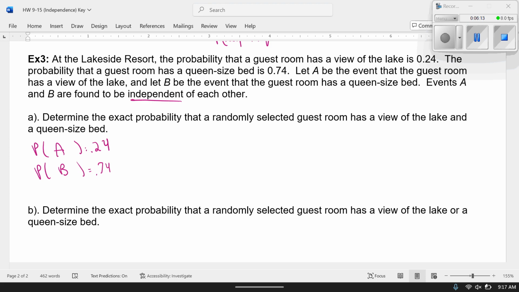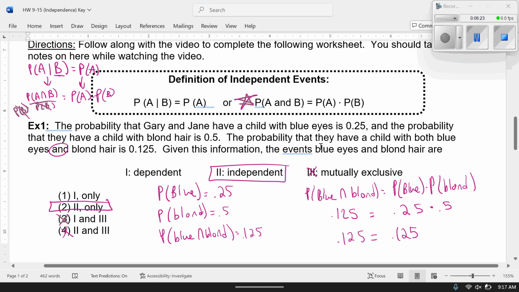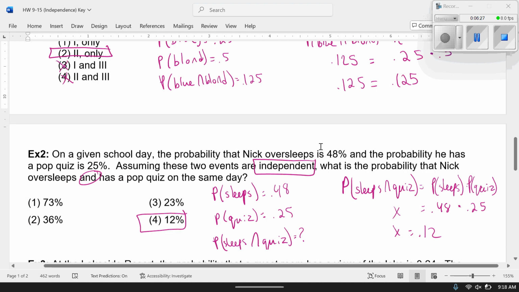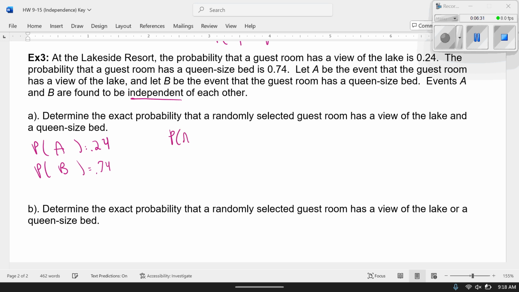They want you to figure out the probability that the guest room has a view of the lake and has a queen-size bed. Because they tell you you are independent, you could use one of these two formulas. They're asking you to find the probability of A and B, meaning use the multiplication formula. So we write the probability of A and B equals the probability of A times the probability of B. Probability of A is 0.24.